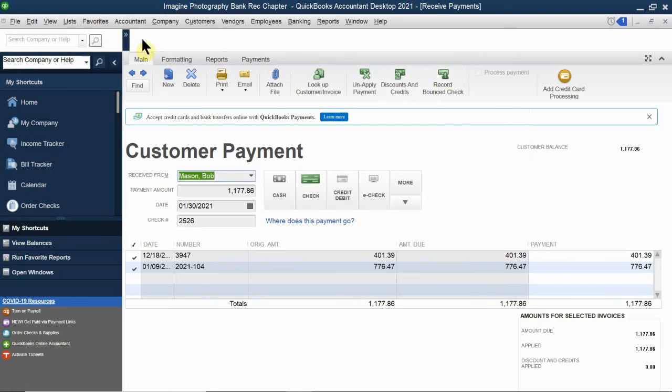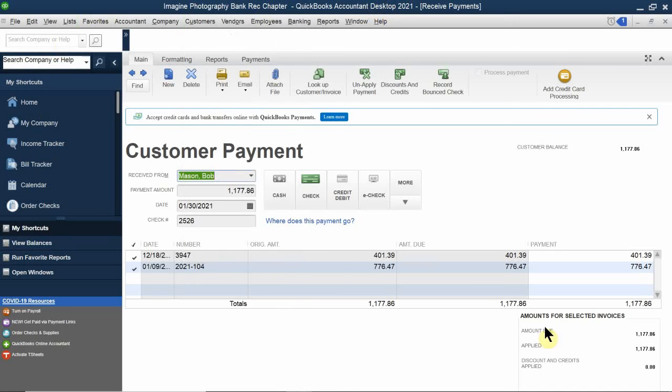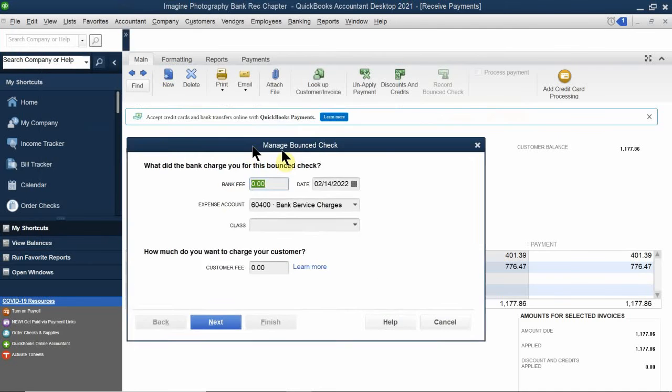You don't necessarily have this in your customers, but it is there when you actually open up the payment detail information. You have the record bounced check right here. So in this case, I'm going to select this.